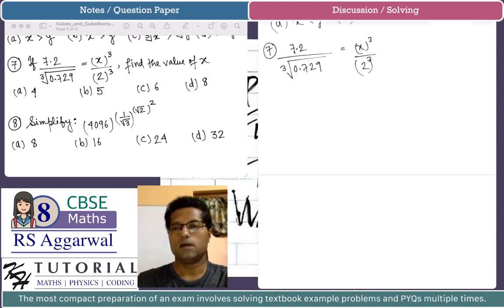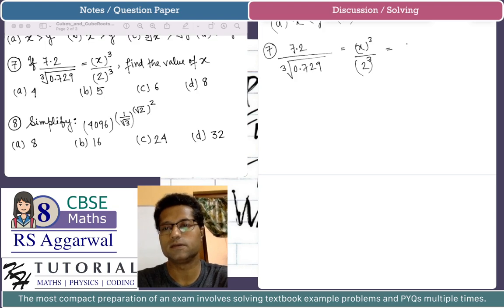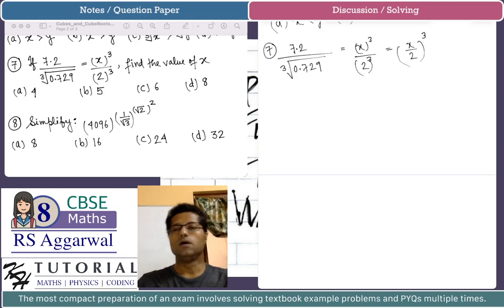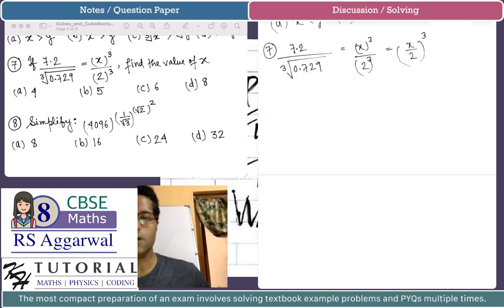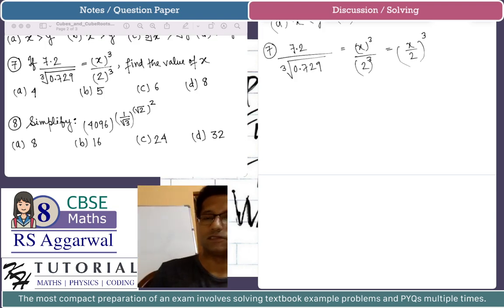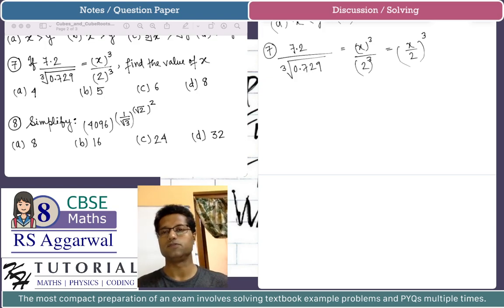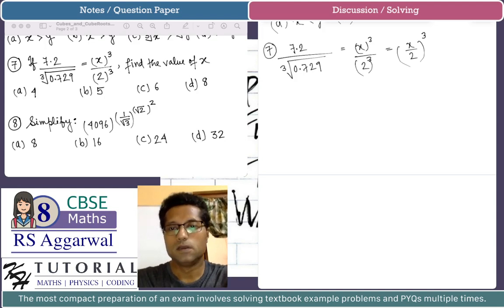Okay, the right hand side we can write as x by 2 whole cube. Now we can only solve this problem if somehow we can convert the left hand side as an exponential term with the power 3, and the base will be some constant, and then we will equate the base on both the sides.